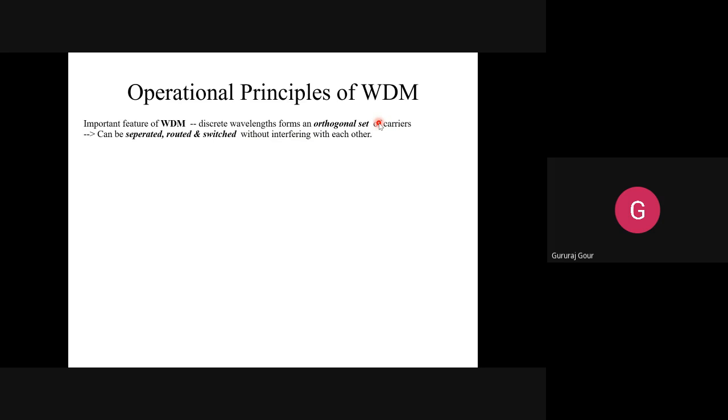In other words, semi-mathematically, if you want to say, mutually exclusive, or in a more layman way, discrete wavelengths form an orthogonal set of carriers. Why is he putting this statement in terms of the carriers?